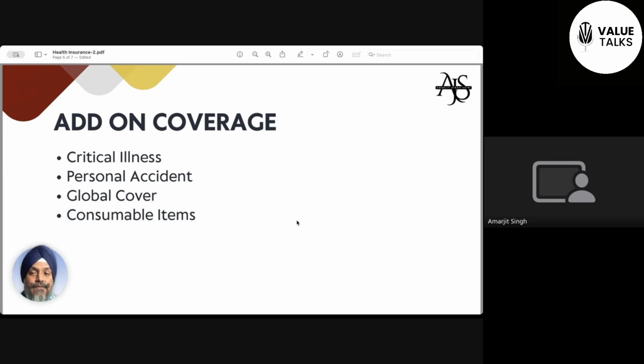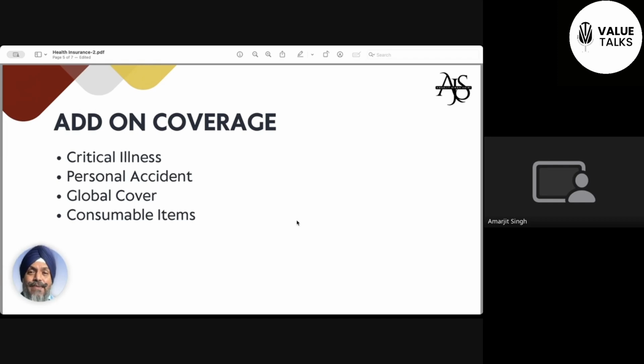The purpose of this critical illness benefit is two. One is that once the person suffers from critical illness, his cost of living will go up, and there will be many expenses like medications, continuous medical attention, and sometimes there will be support required, or those costs, etc. So there will be a cost which will be there once a person suffers from critical illness.